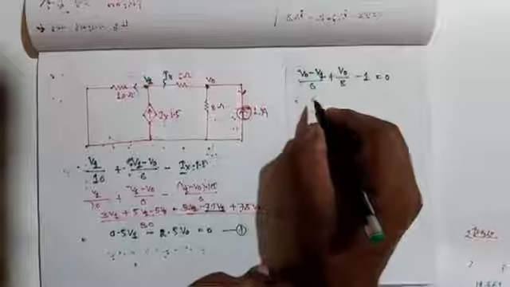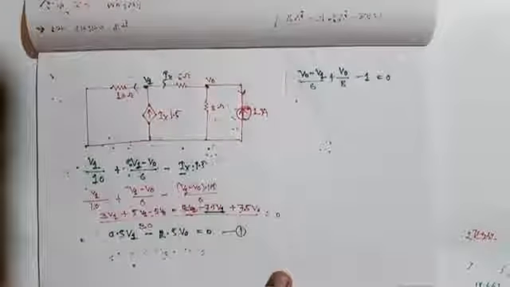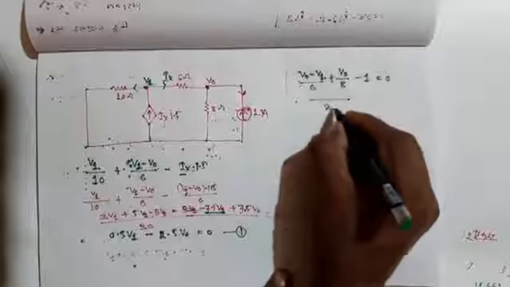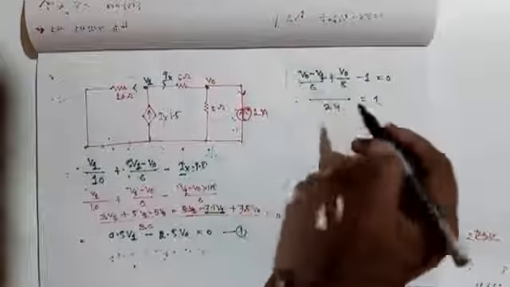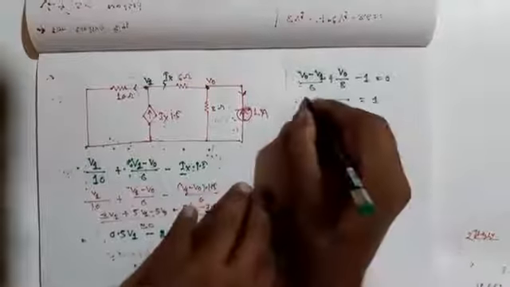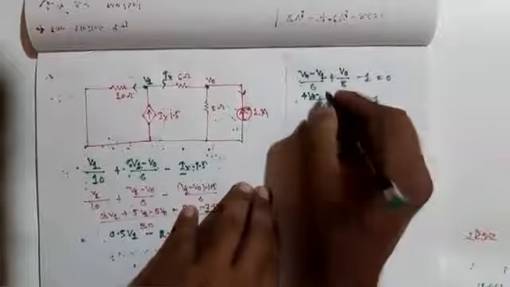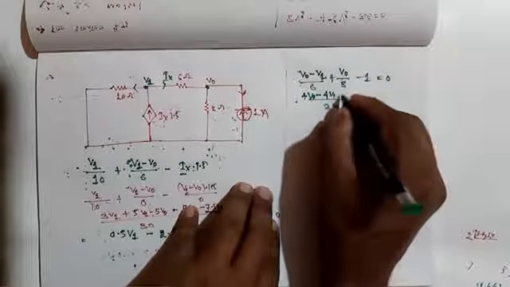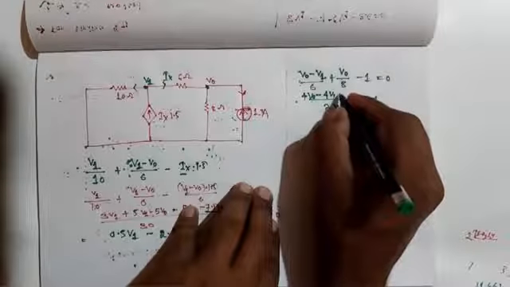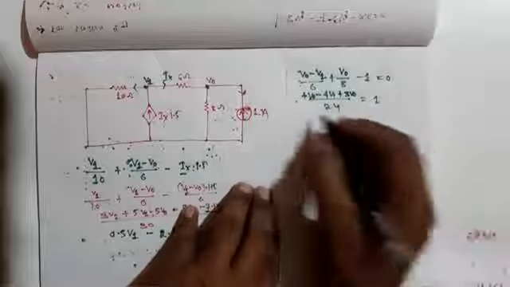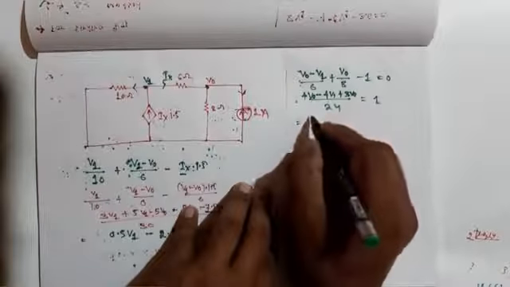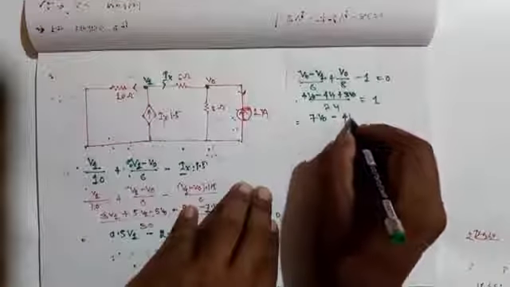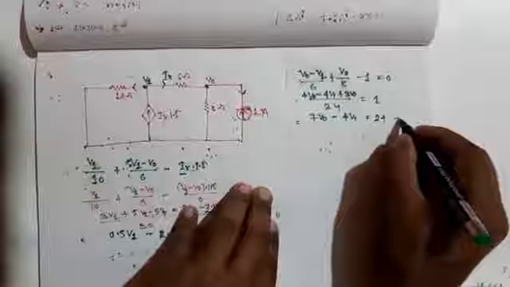Taking the LCM 24 outside, we get 4V0 minus 4V1 plus 3V0, which is 7V0 minus 4V1 equal to 24. This is your second equation.